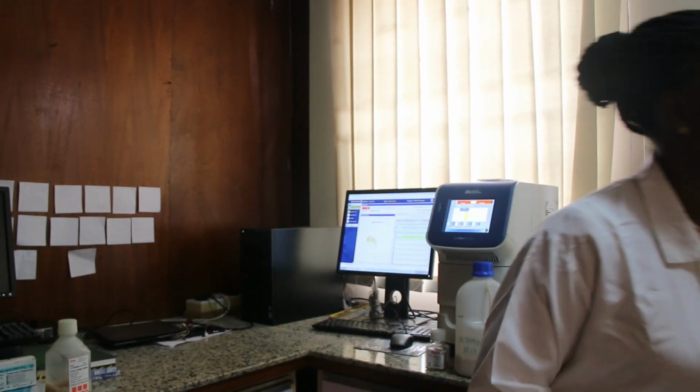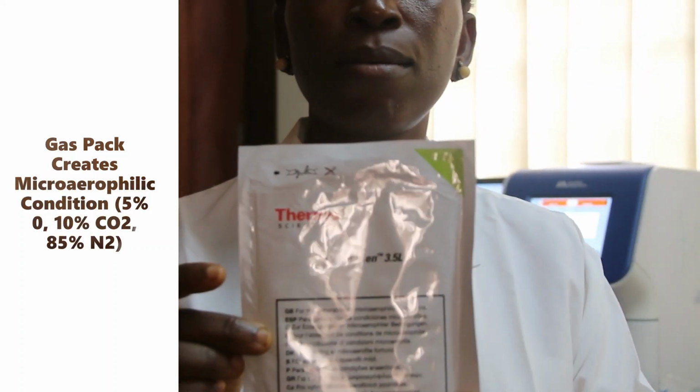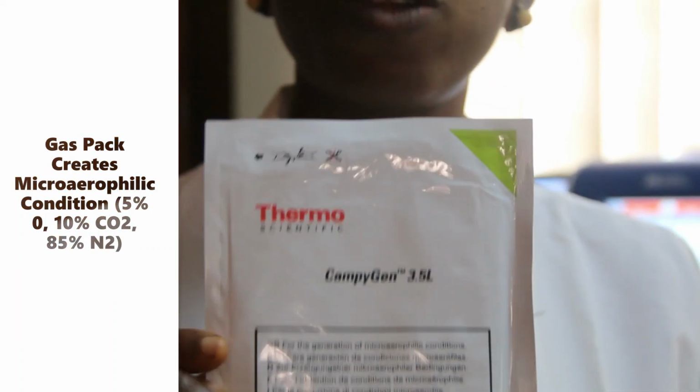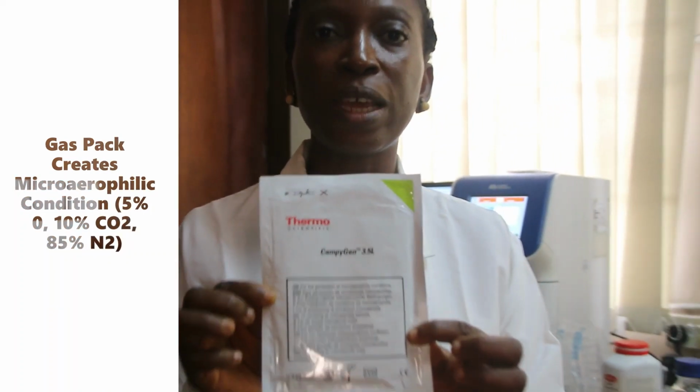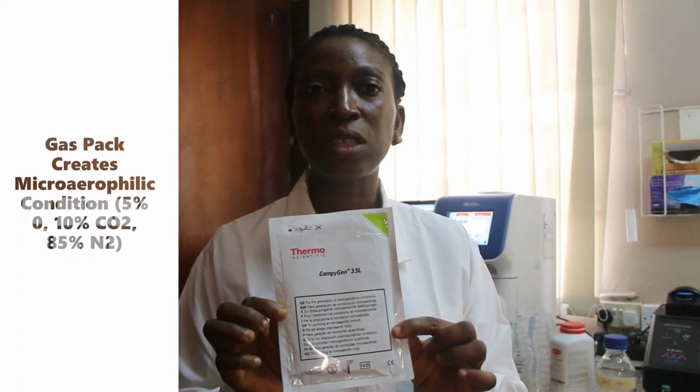Here is the product, a gas pack that can produce a microaerophilic condition: 5% oxygen, 10% carbon dioxide, and 85% nitrogen.